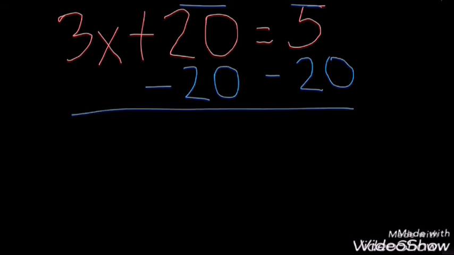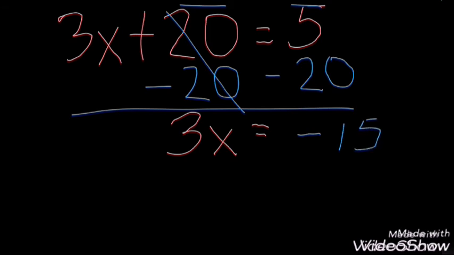We cancel this out, so we bring down the 3x equals 5 minus 20, which is negative 15. It's negative because we take the sign of the bigger number, so it's negative 15.